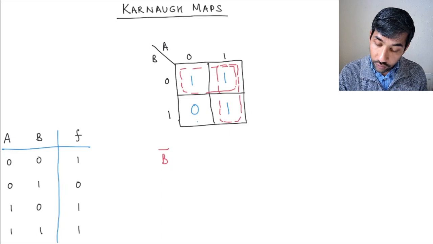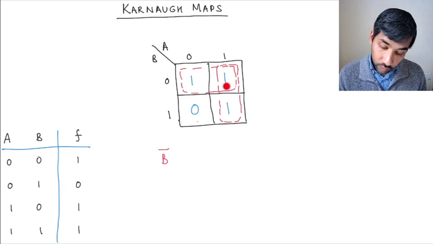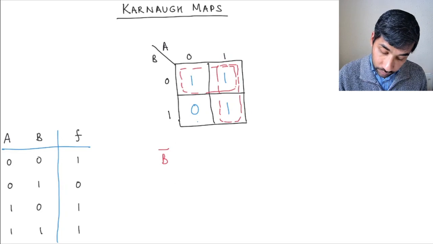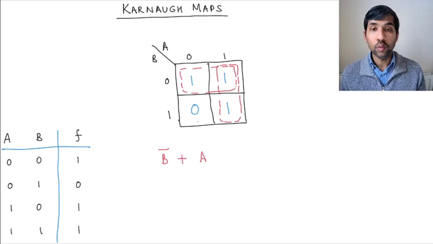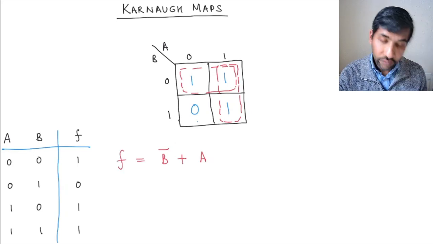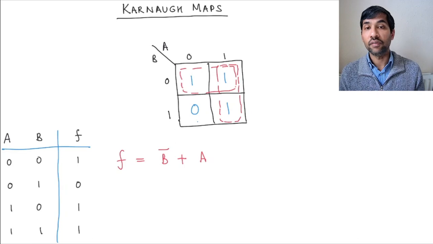And similarly, if you look at this group of ones, you can see this is 1 and this is 0. So the value of B doesn't matter as long as A is 1, right? So the min term corresponding to that is going to be A. And you are going to OR the two minterms, and that is going to be your output F. And that is the most simplified version of the output that you can get.